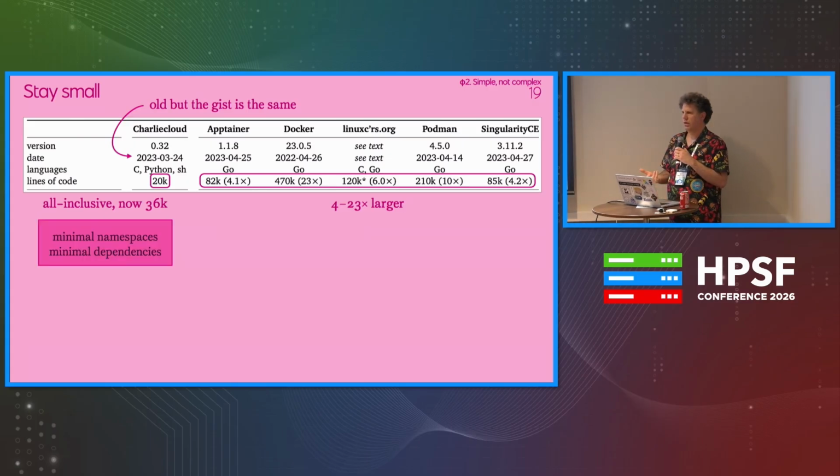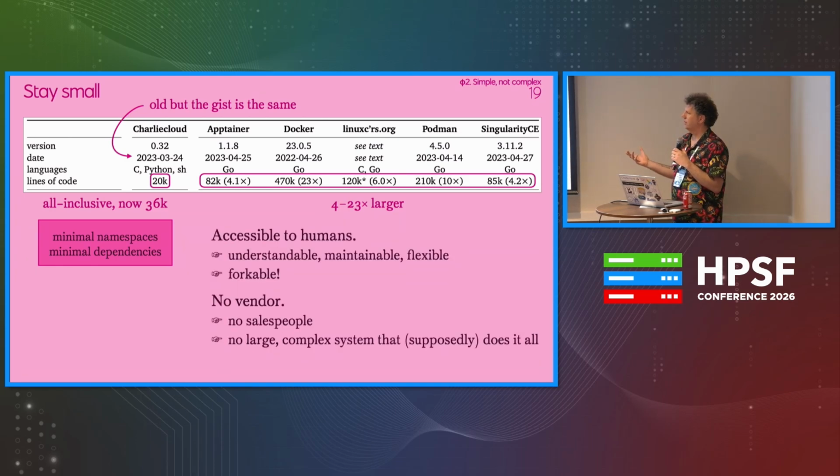I mentioned that we do minimal namespaces. We also try to do minimal dependencies. Some of the things that gets us is Charliecloud hopefully is accessible to humans, right? One person can actually understand the code. We can maintain it. It hopefully can be adapted to multiple workflows. We try to avoid vendor lock-in.